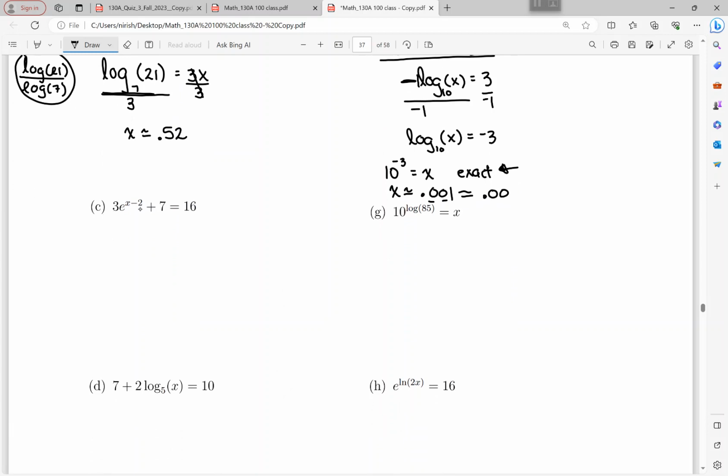Letter C is a little bit bigger, but here's the exponential, e to the power. So I first want to undo the addition by subtracting 7 from both sides. And then 3 times that exponential, divide by 3. You want to get it completely by itself.